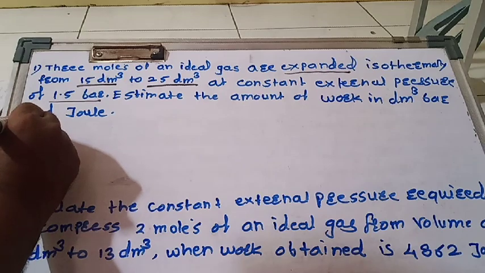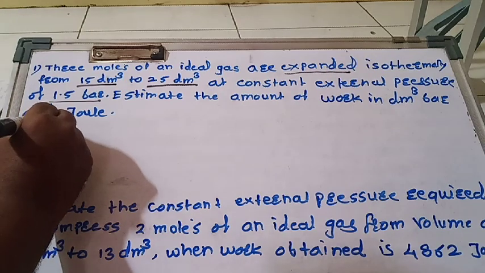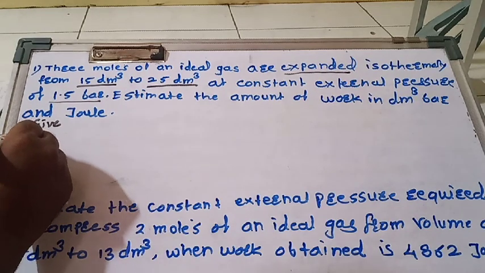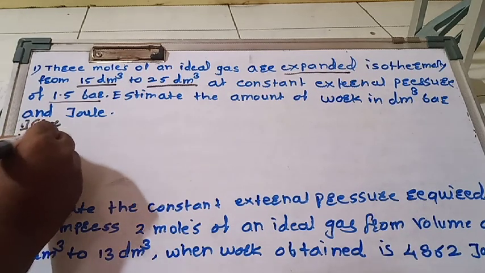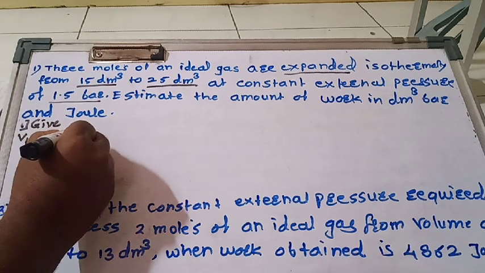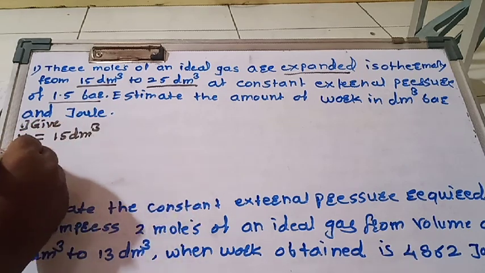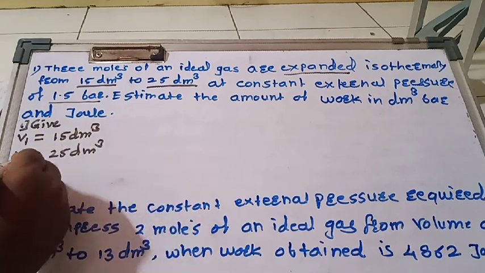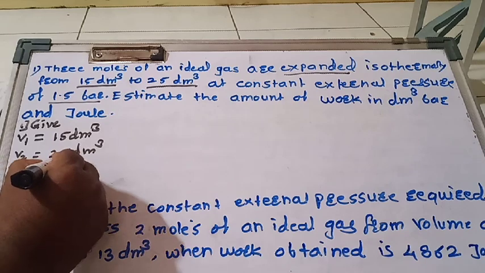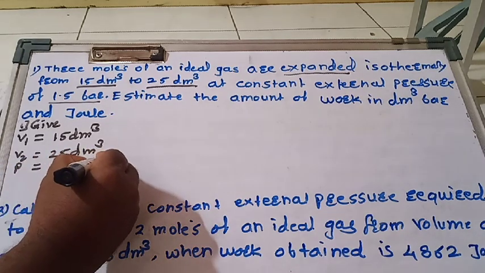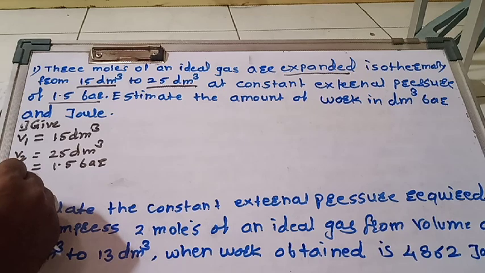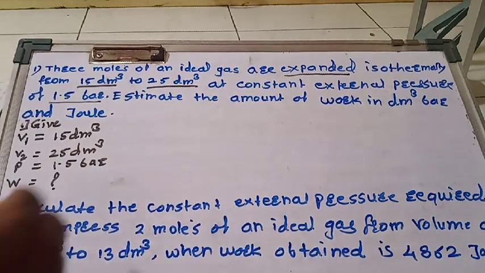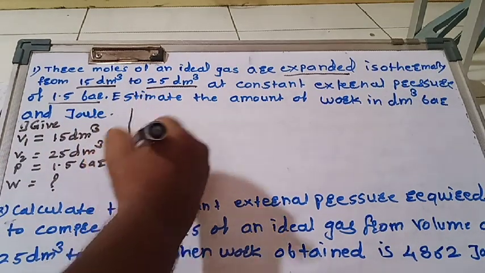So first you have to write given. In this case, first volume is given, so V1 is equal to 15 decimeter cube and V2 is equal to 25 decimeter cube. P is equal to 1.5 bar and W you have to find. Next point is formula.